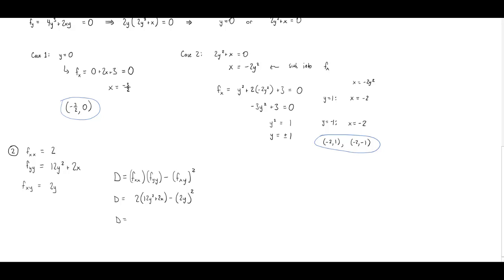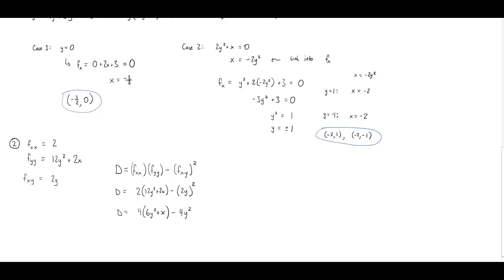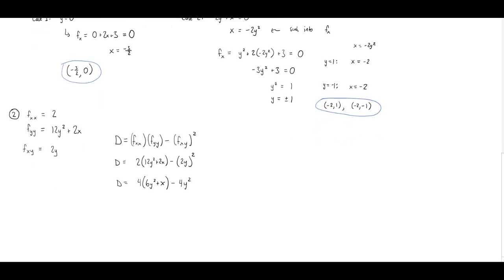And maybe I'll simplify just a little bit. So I can factor out a 2 from here. So 4, and then I'll have 6y squared plus x. And then this, if I square everything, we'll get 4y squared. And oh, I see I can simplify a bit more, so I'm going to continue. So factor out a 4 from both terms.